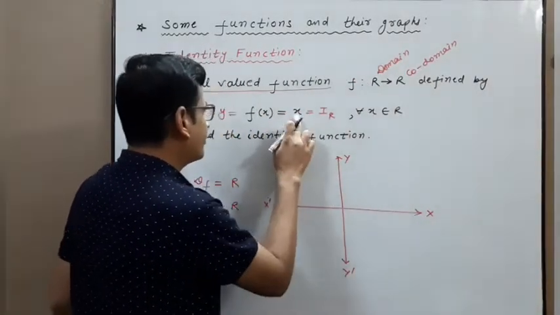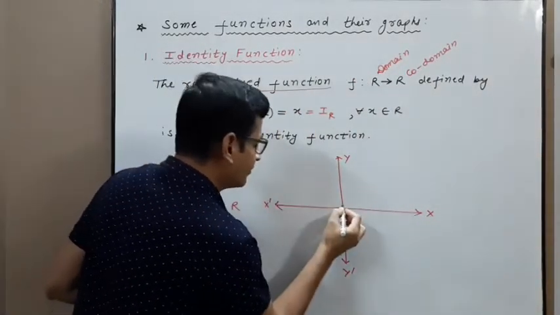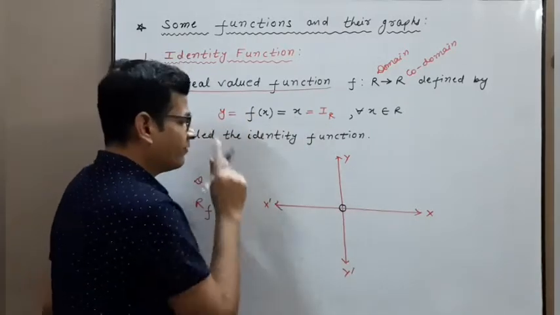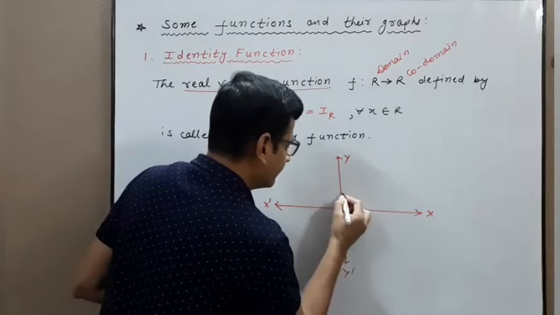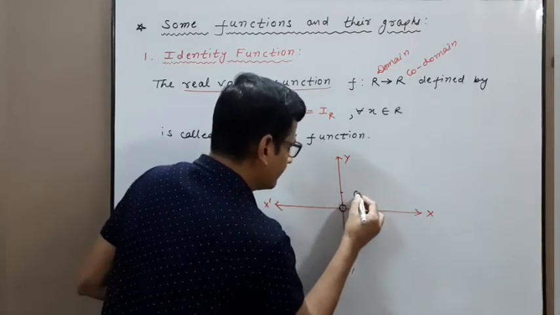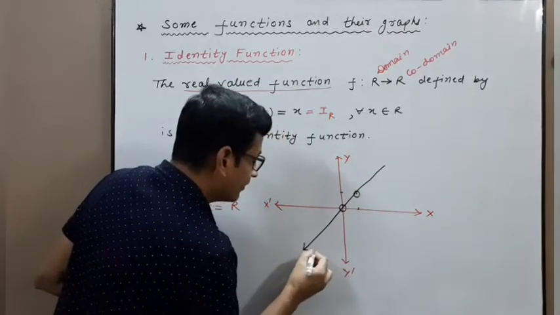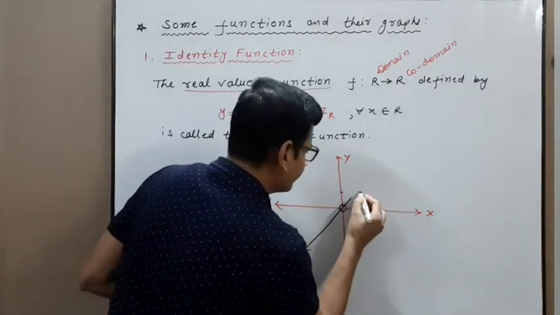At x equal to 0, the corresponding value of y is 0. At x equal to 1, the corresponding value of y is 1. So the graph of the identity function is a straight line passing through the origin.